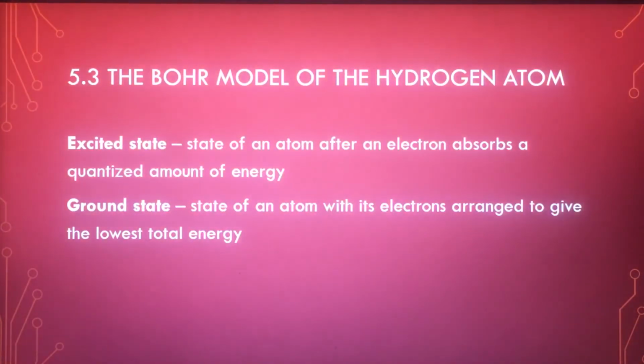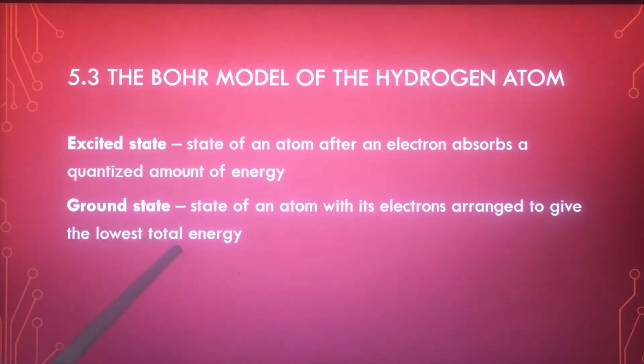So we first define the states of the electrons or atoms. The excited state is also an energized state, the state of the atom after an electron absorbs a quantized amount of energy. This atom has electrons in higher energy levels.